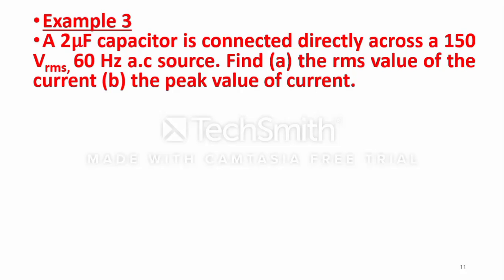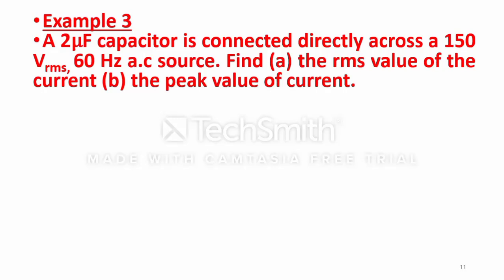Looking at the given expression, you see that it comes with the value for the capacitance, which is 2 microfarad, the root mean square value of voltage to be 150 volts, and the frequency is 60 Hz.